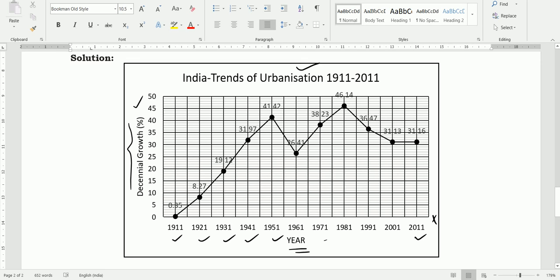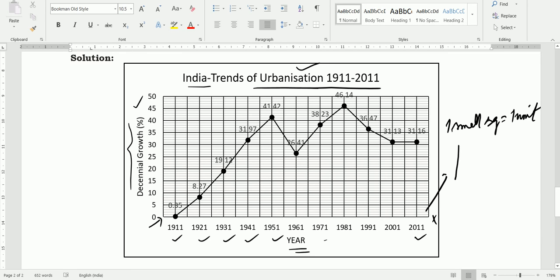Here the title is India Trends of Urbanization from 1911 to 2011. In this case, one small square is equal to 1 unit.